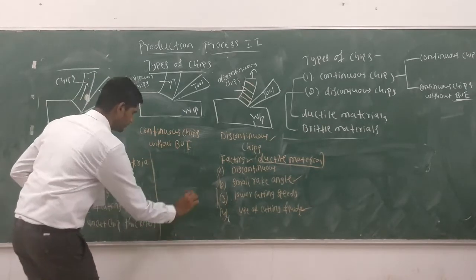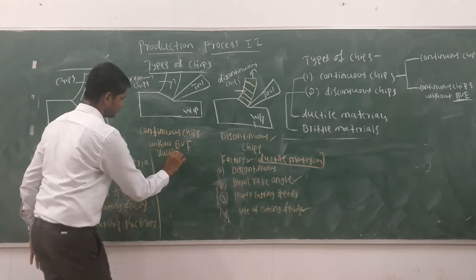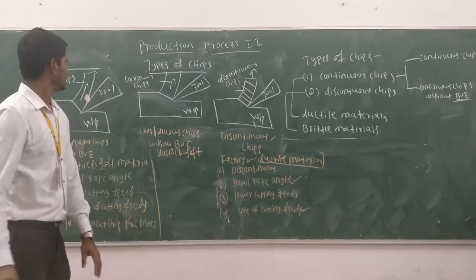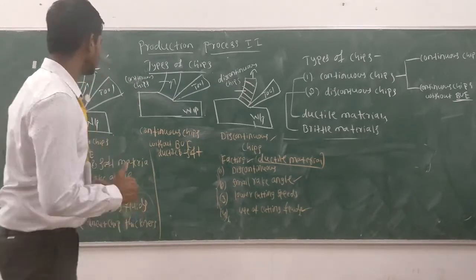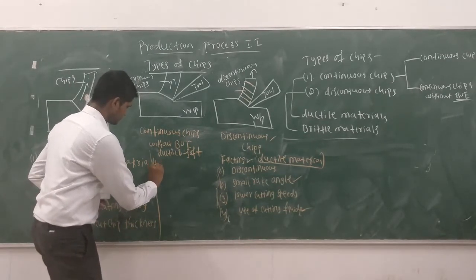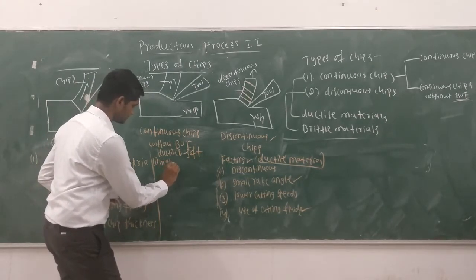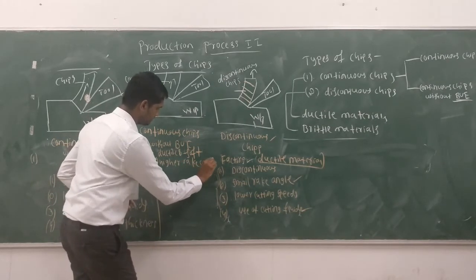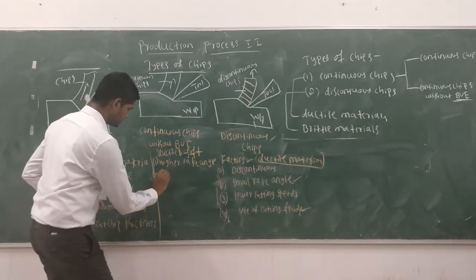Here also, ductile and soft material. Because of these, the formation of continuous chips without built-up edge takes place, and other factors are a higher rake angle. Second one, higher cutting speeds.